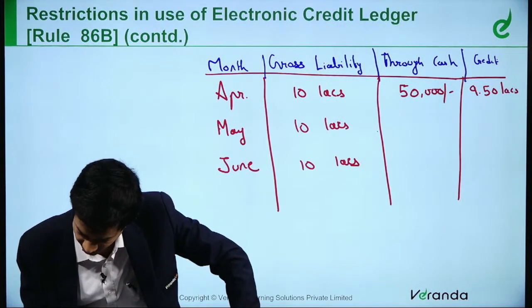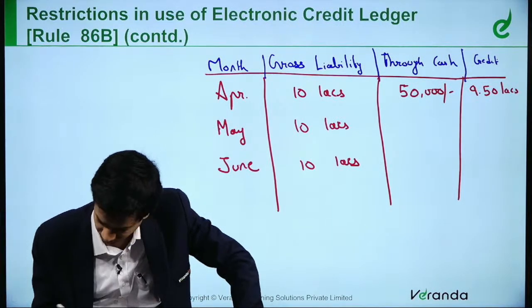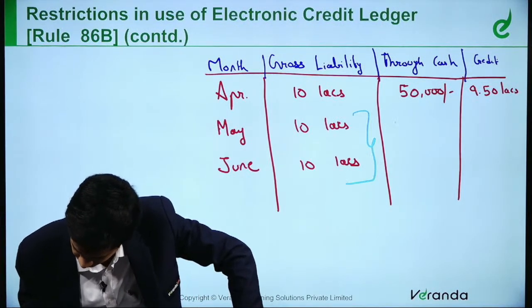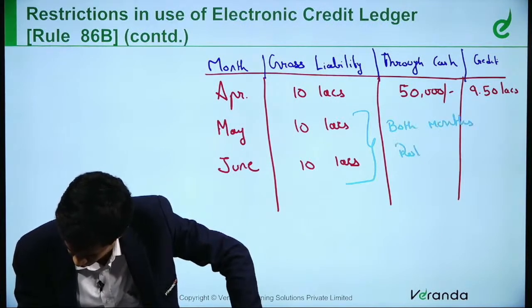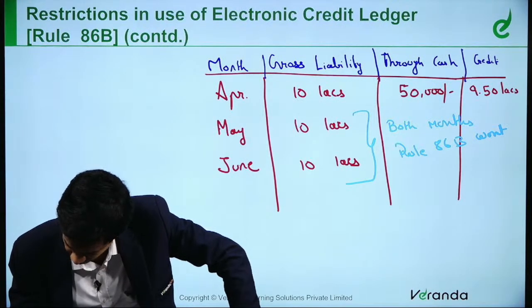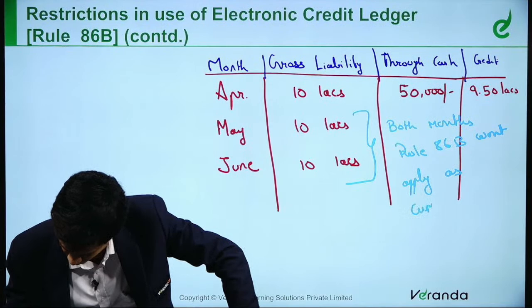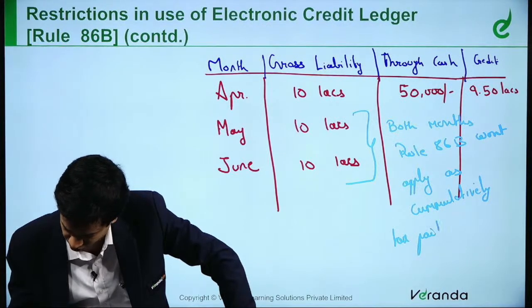So for the month of May, rule 86B won't apply, as cumulatively tax paid through cash is more than 1%.